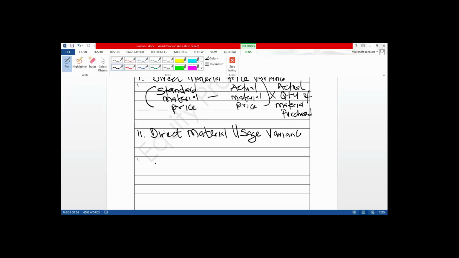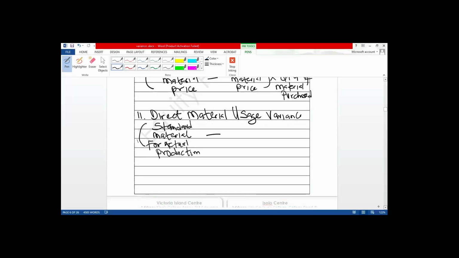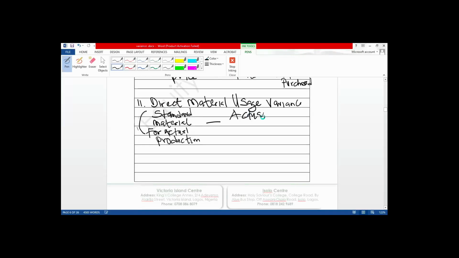To calculate direct material usage variance, the formula is standard material for actual production minus actual material used, multiplied by standard material price.